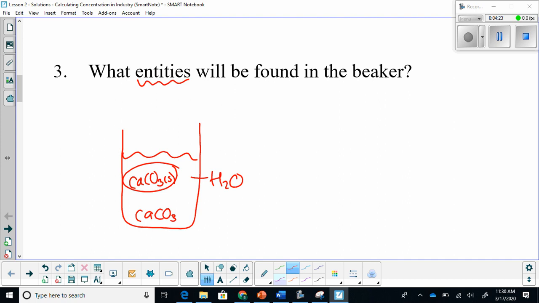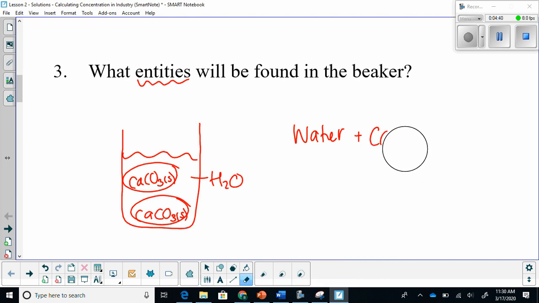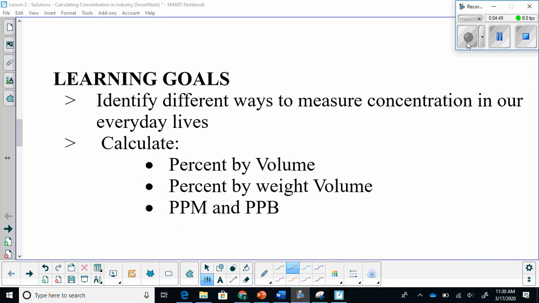They will not separate into ions. So if I were to answer this, I would say water plus calcium carbonate. Perfect.